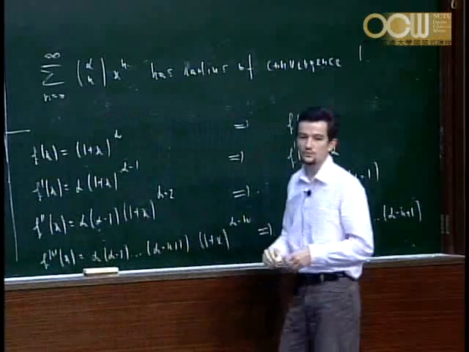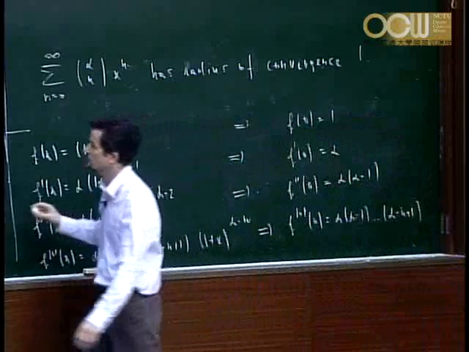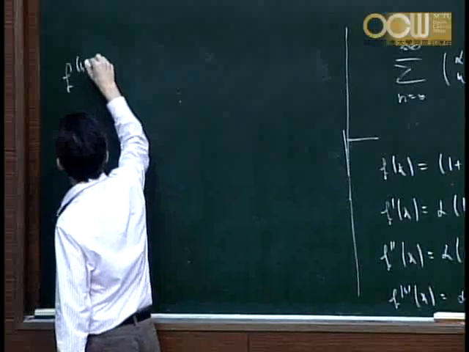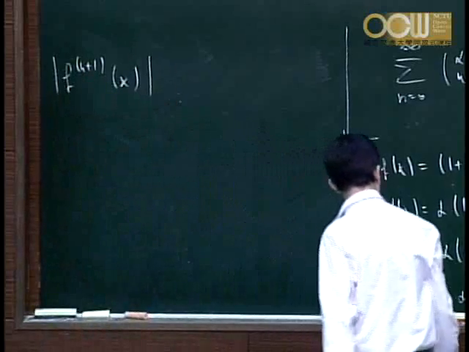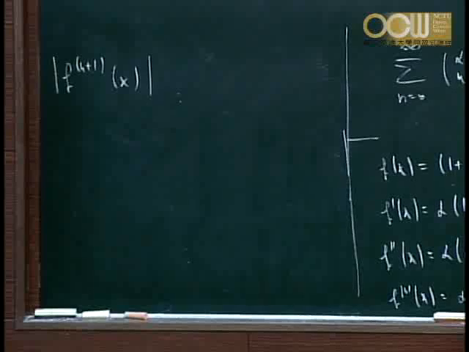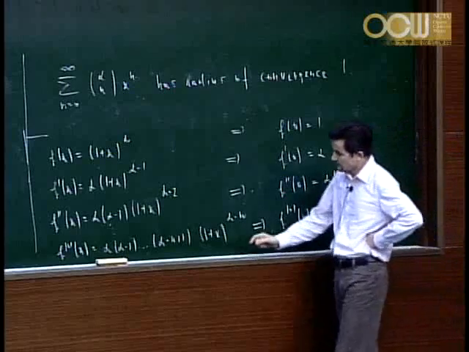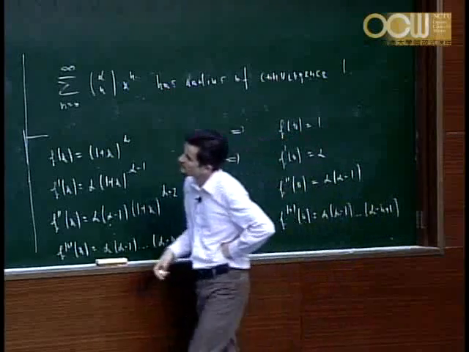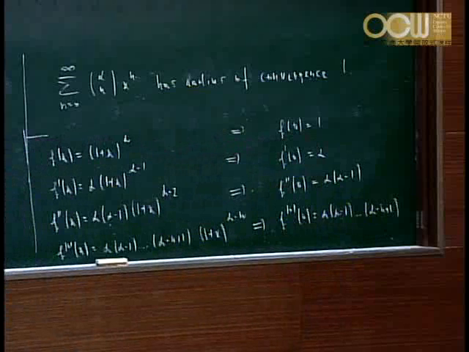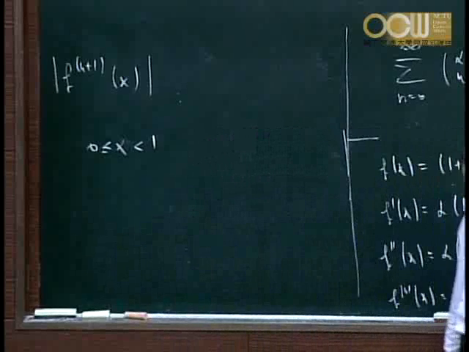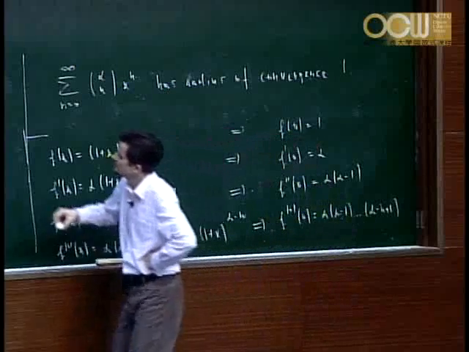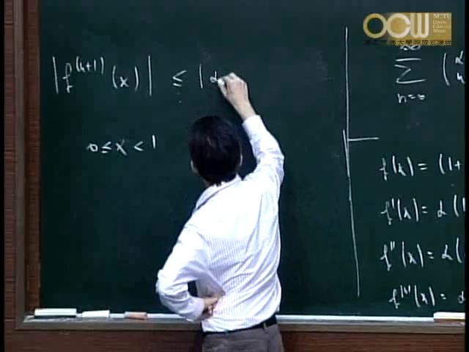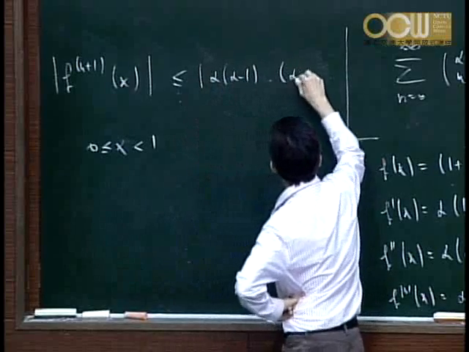So what we have to do is bound the nth derivative. For Taylor's inequality, we have to bound the n plus first derivative. So we have to find a bound for this one. Now you see that if you assume that x is larger than 0 and smaller than 1, so x is positive, in this case, if you bound this, what you get is smaller or equal than the absolute value of alpha minus 1, and so on, alpha minus n.